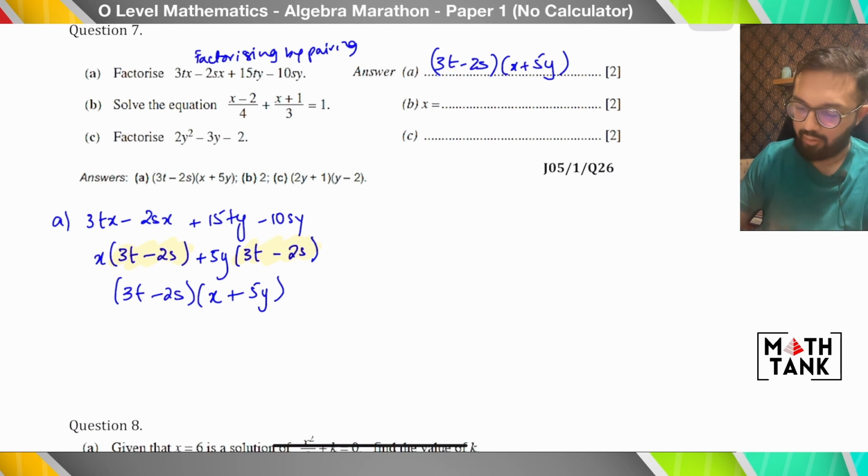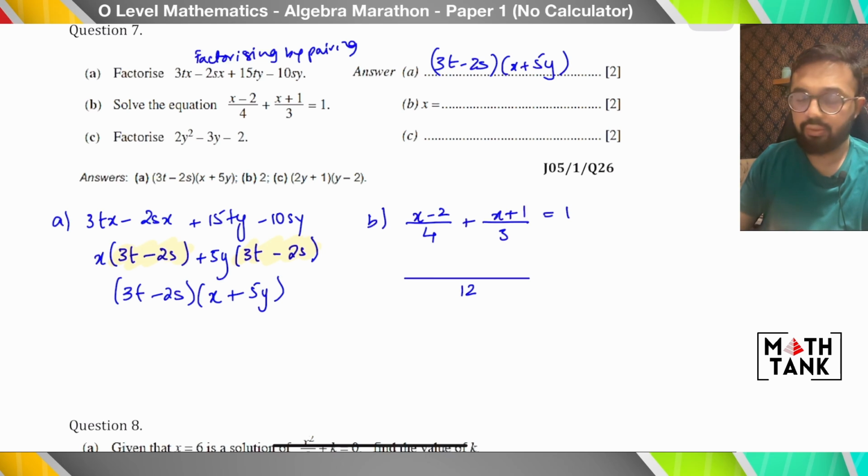Okay, part B says x minus 2 over 4 plus x plus 1 over 3. So I take a common denominator. 3 into 4 is 12. 3 and 4 don't have any common factors, so I don't have to worry about a lot. This is going to get multiplied by 3 and this is going to get multiplied by 4, so I'm going to write 3 times x minus 2 plus 4 times x plus 1.